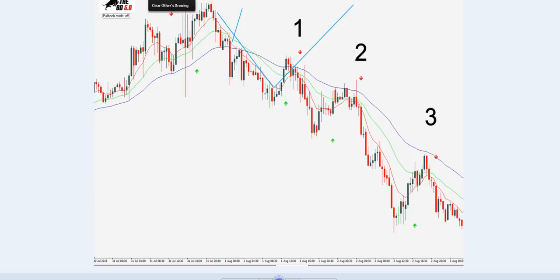So the market pulls down and then it pulls back. This here is our entry signal because it's our pullback. Market trends down, pulls back, trends down, pulls back, trends down. Can you kind of see what I'm doing?